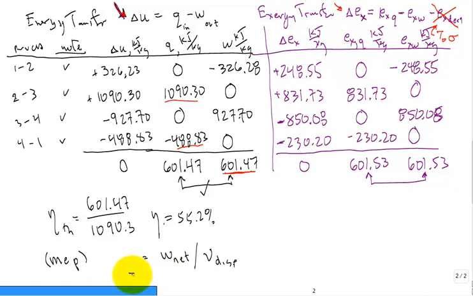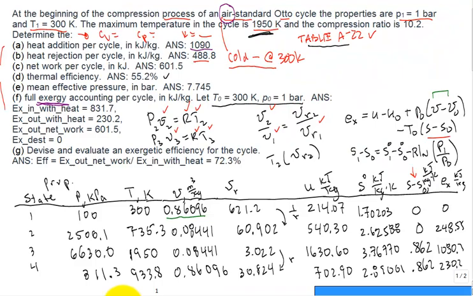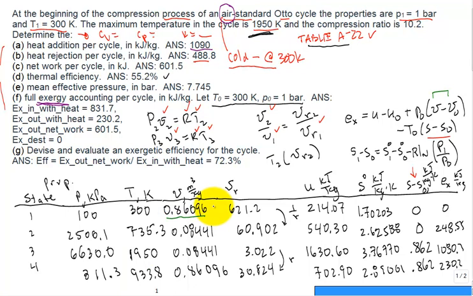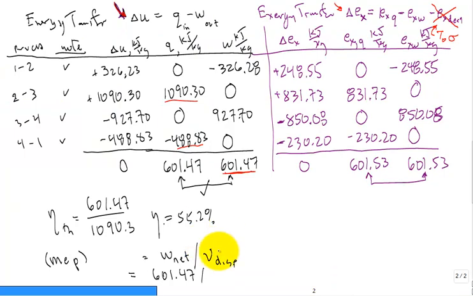So I take my 601.47, that's kilojoules per kilogram, okay, and we divide by the specific volume. Well, this is for the displacement only. So you came in at state 1 and you went out at state 2. So this displacement volume is V sub 1 minus V sub 2.